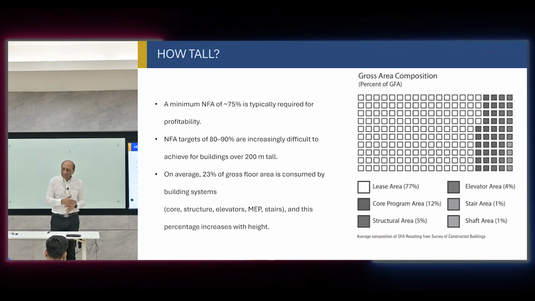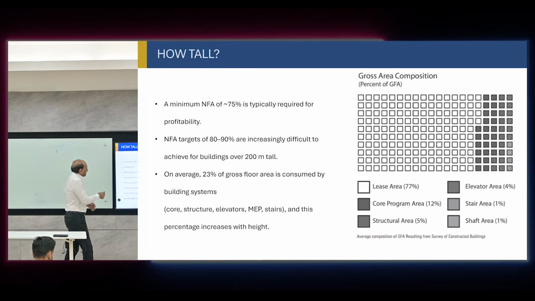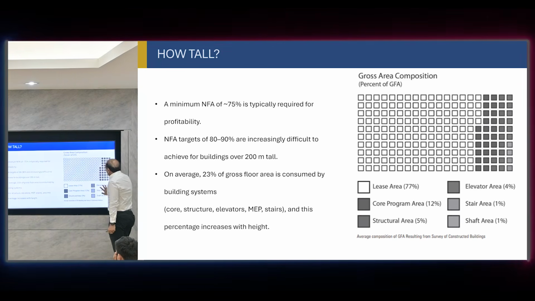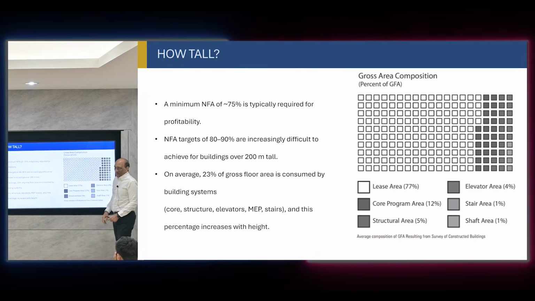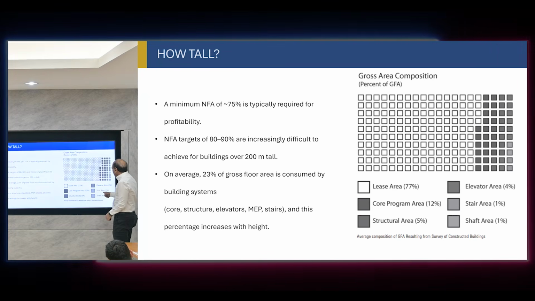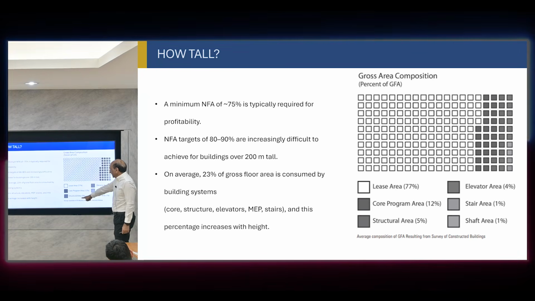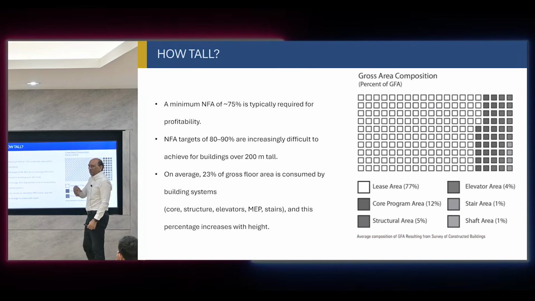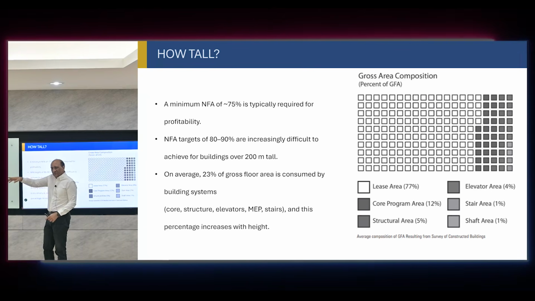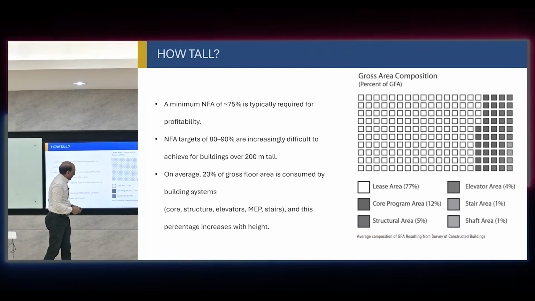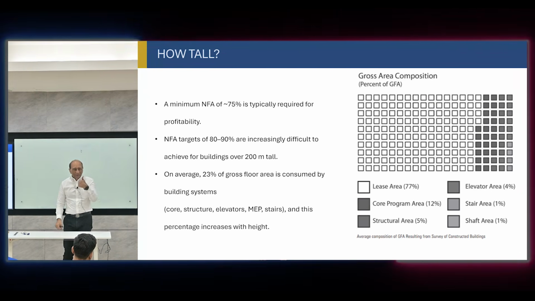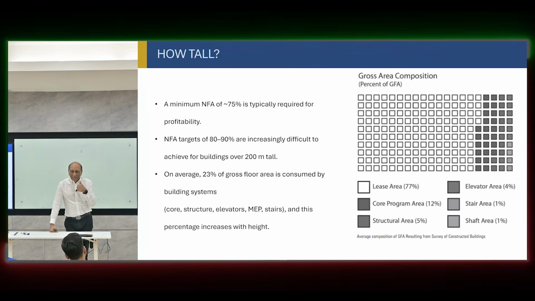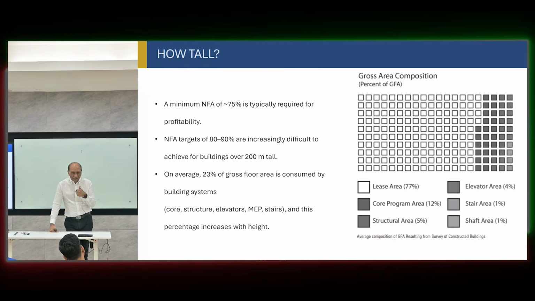So this is the next important measure, on what percentage of the floor area people can take away. They will target elevators, they will target structures. Core program area is 12%. This is other things, total stuff, MEP and all of that. So we have the natural period, we have the drift, and we have the structural area utilization as a few measures of efficiency.